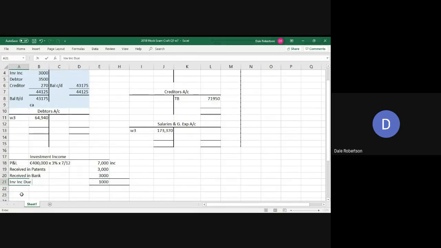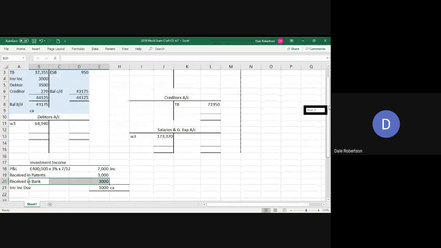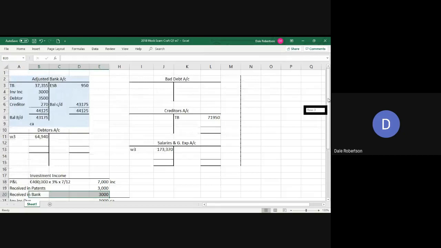And of course, we know that an income due is a current asset. So that is this 3,000 from here being factored in to the investment income working, which you could do in a T account, but I think it's easier to do that in a calculation, a columnar format, really.